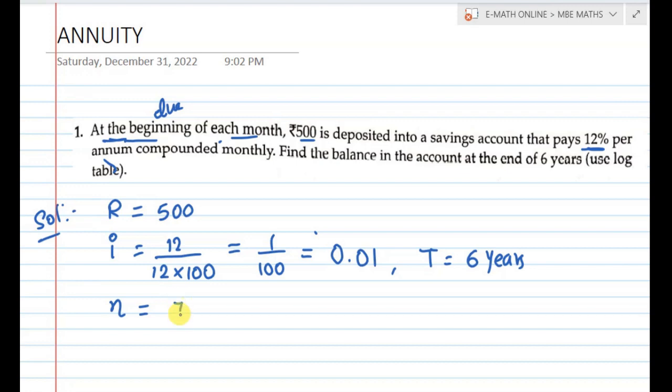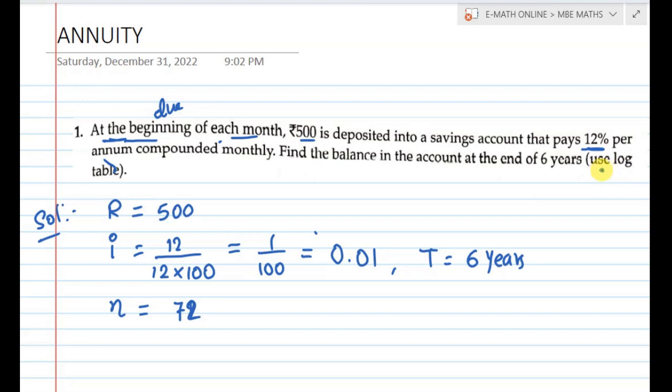But the last payment he is not making, so up to 71 payments he has to do. And we know the concept that the last payment is not needed for the due cases, because he is starting from today. So total payments will be 72. Write down 72, not 71.